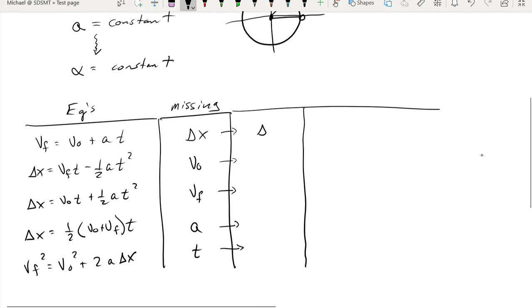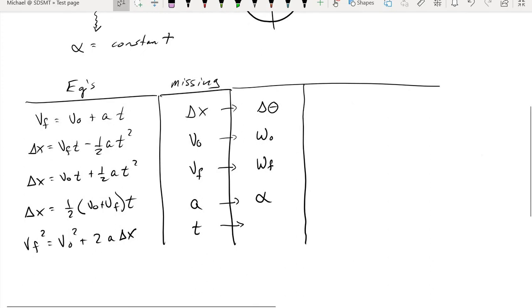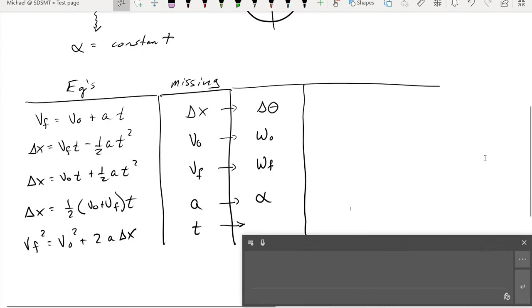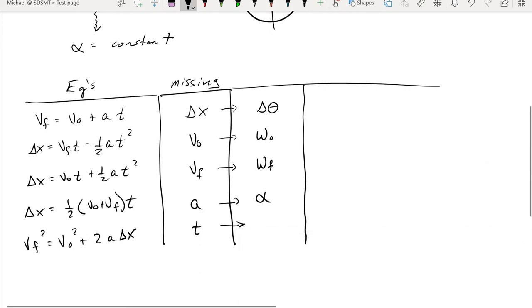We are using angular displacement. We're no longer using linear velocities. We're using angular velocities. Likewise, we're using angular acceleration. And before you make the mistake, no, there is no such thing as angular time. Time is time. So just regular t.